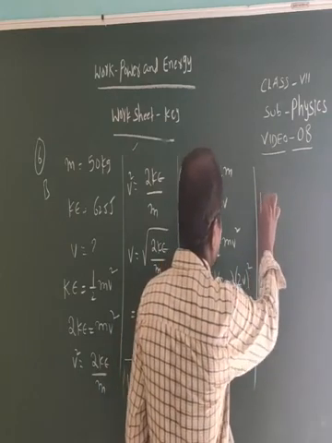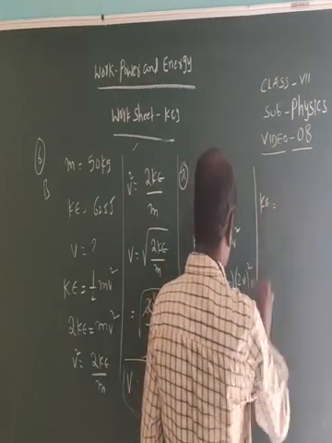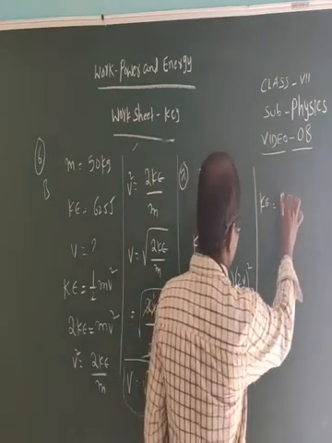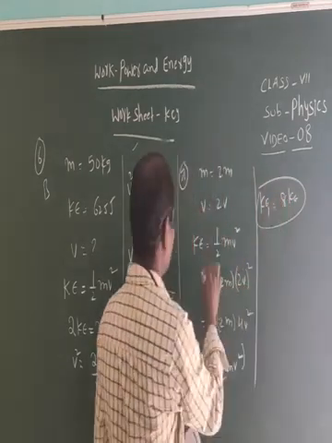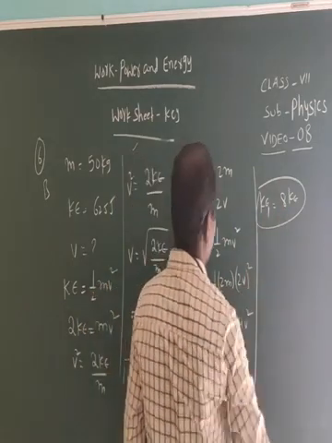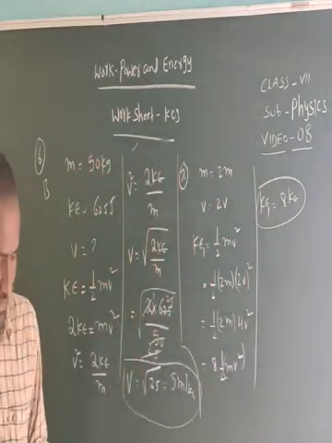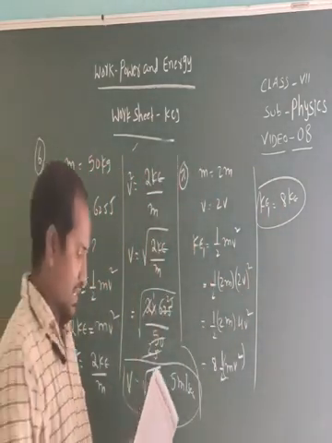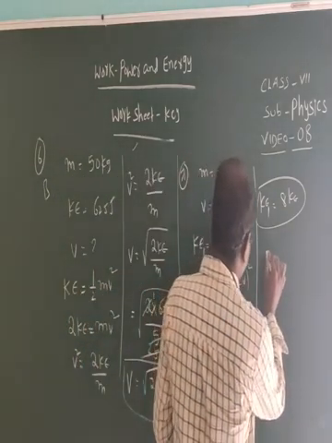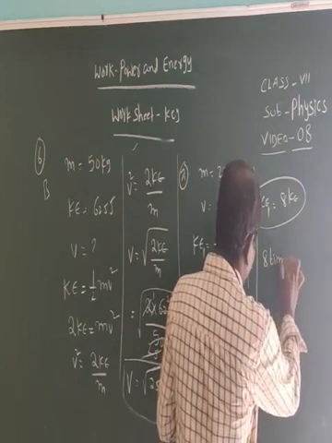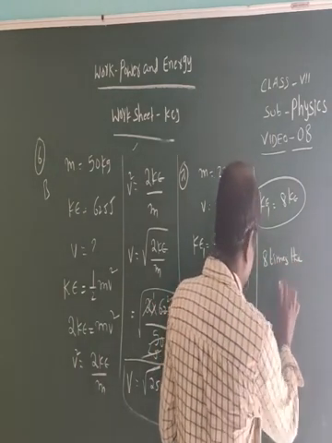So here K1 equals 8 into K, which means compared to the initial value, it is 8 times the initial.